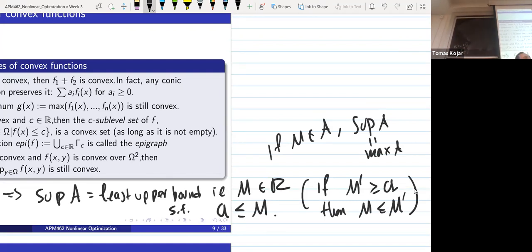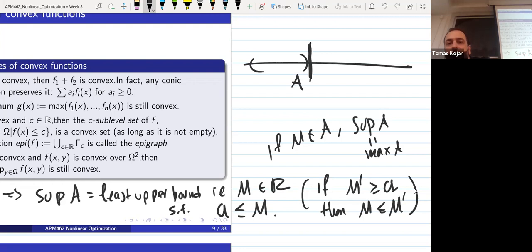Of course, you can find an upper bound, just take any number, but it's the least one. So the picture is here's A, here's M, and here's M prime. So M doesn't have to be in the set. It just has to be right above it.